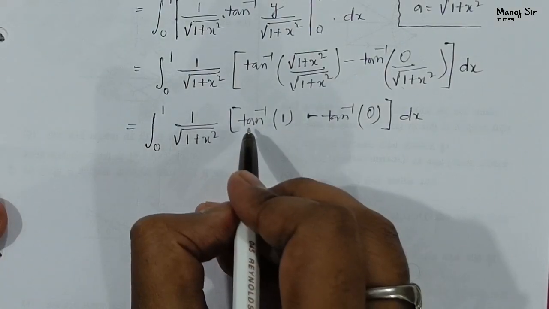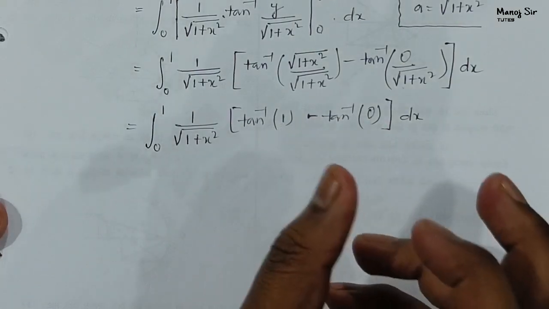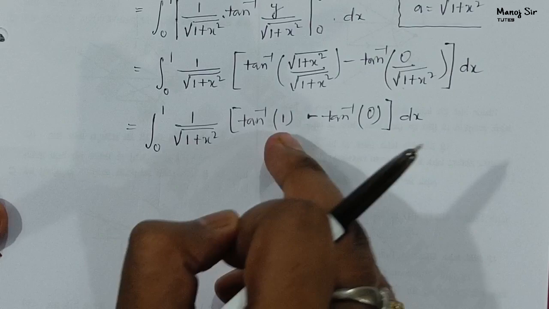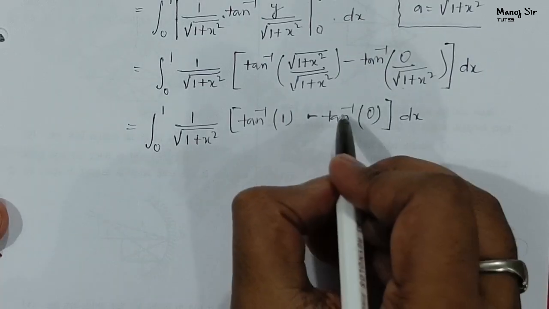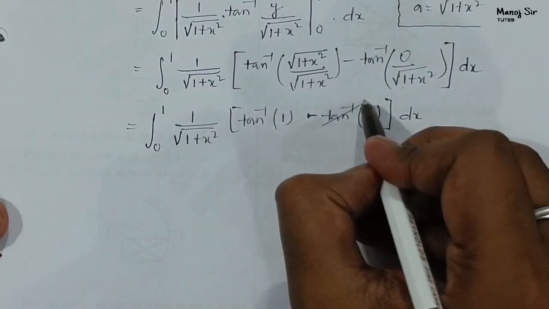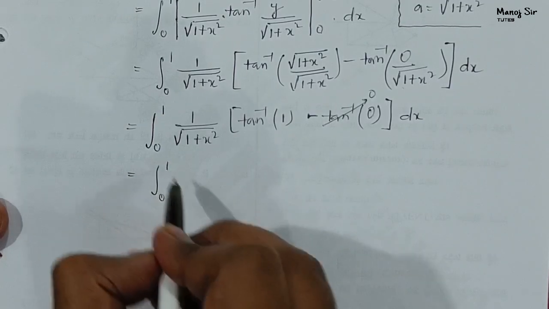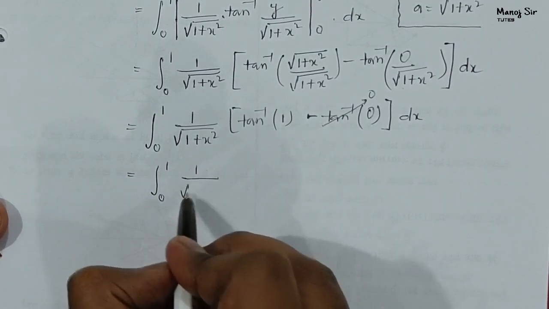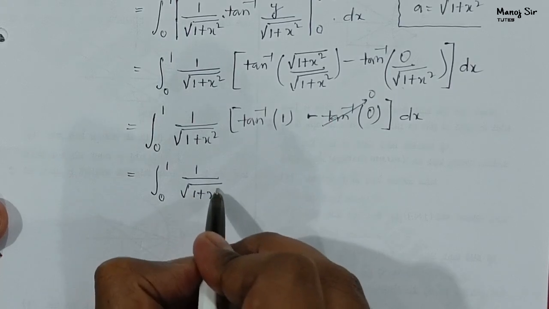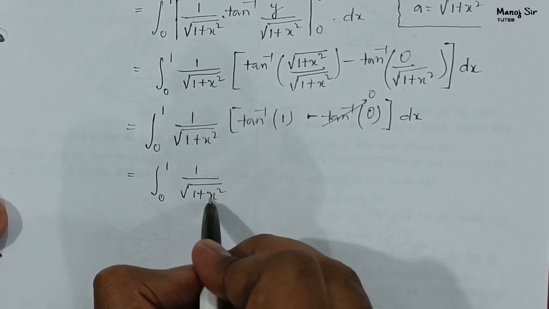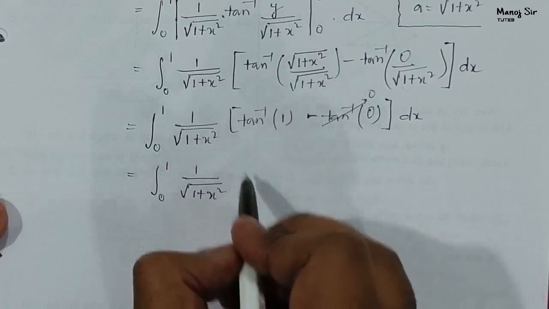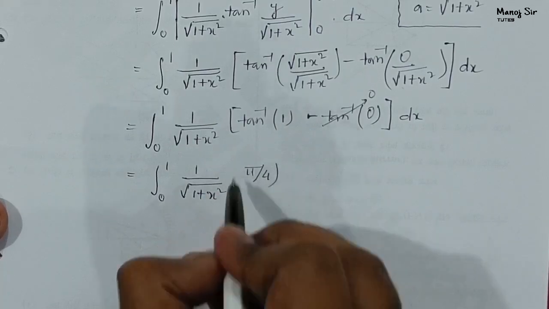Now we know that the value of tan inverse of 1 is pi by 4, and the tan inverse of 0 value is 0. So this is 0. Now we can say integration 0 to 1, 1 upon root over of 1 plus x square, and what is this? That is pi by 4.